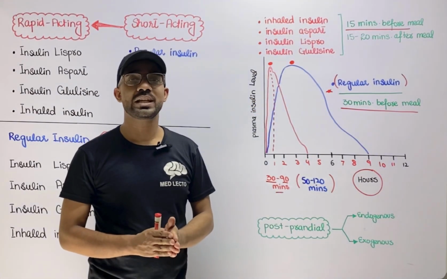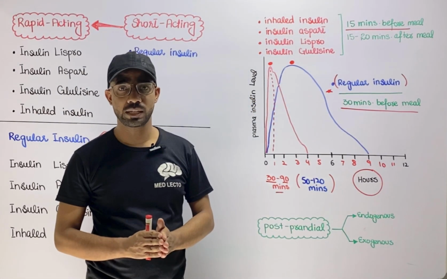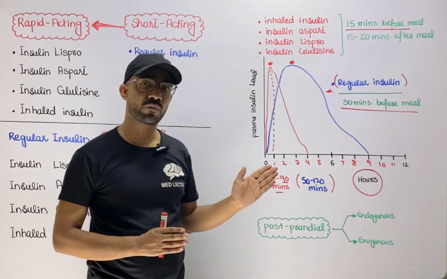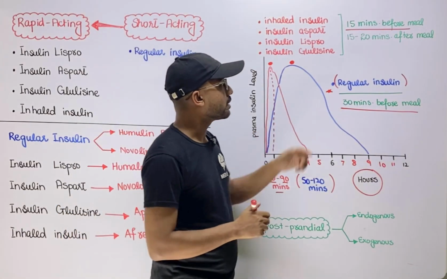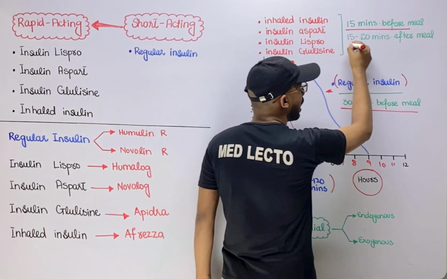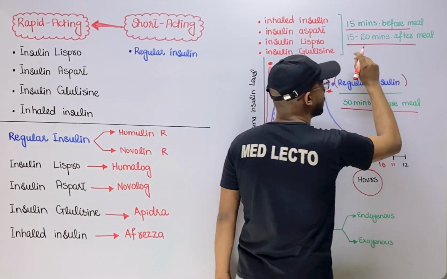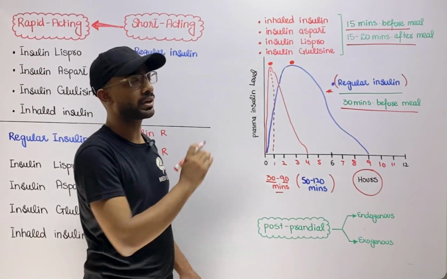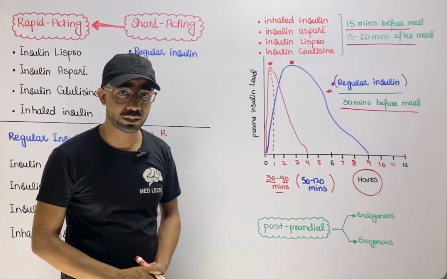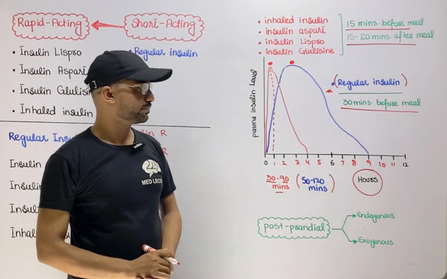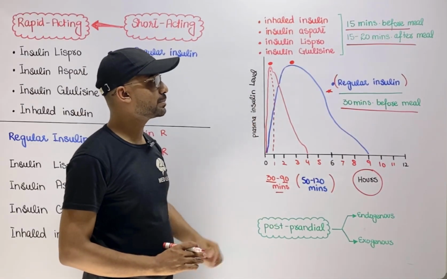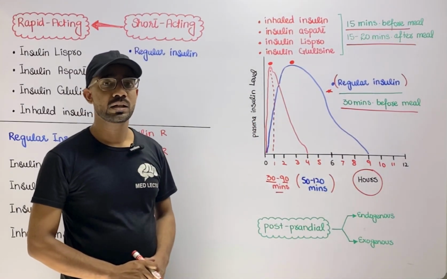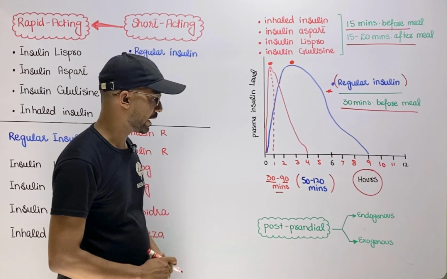That's why 15 minutes is enough before the meal in case of rapid acting. And the patient can also take it after the meal, but the time should not be longer than 15 to 20 minutes. Again, that is an important thing in case of rapid acting. So that's the difference between the rapid acting and the short acting insulin analogs.